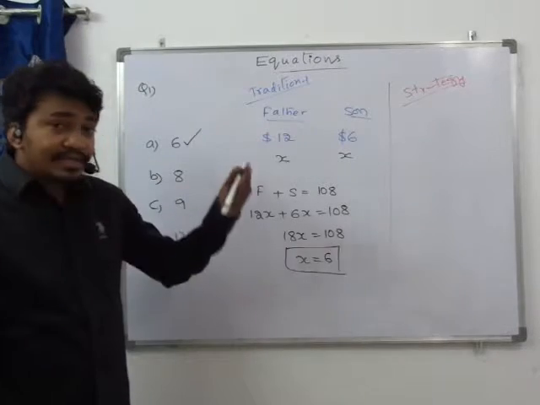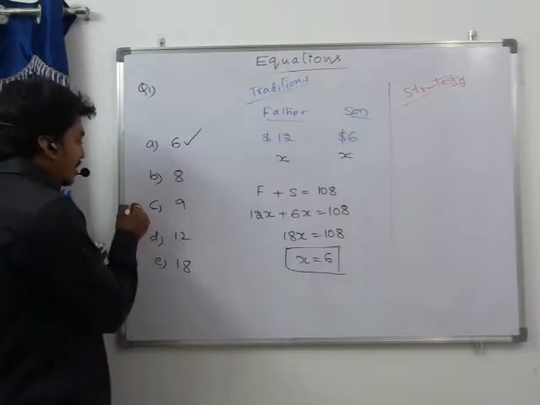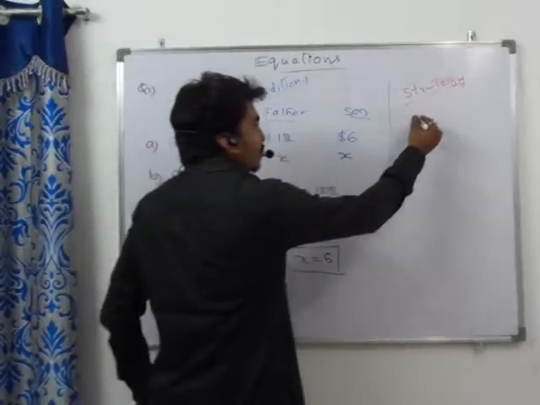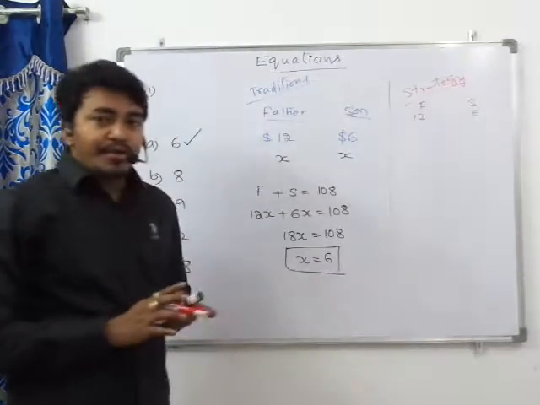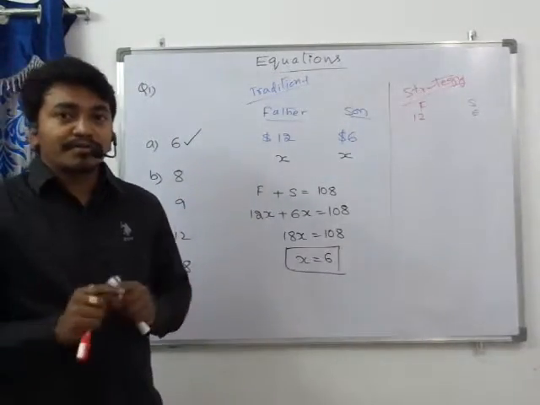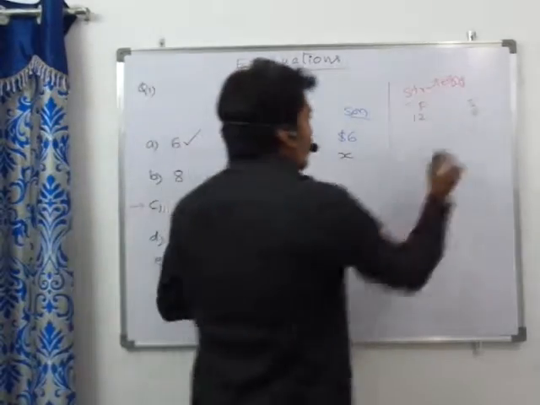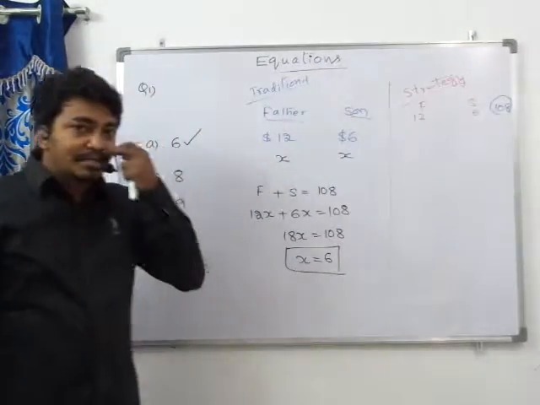Now how to think in a statistical manner? Check with the middle option. Father charges $12 an hour, while son charges $6 an hour. If you sum the amounts of both persons, it has to be equal to $108. That is the total labor charge, no?